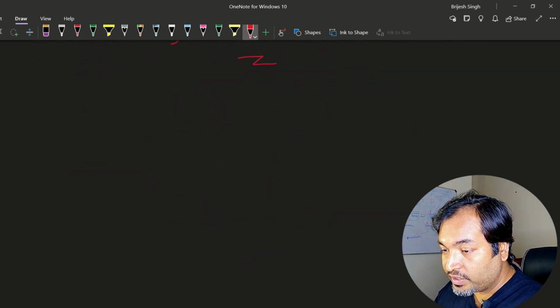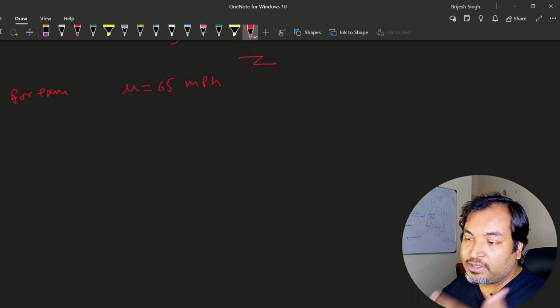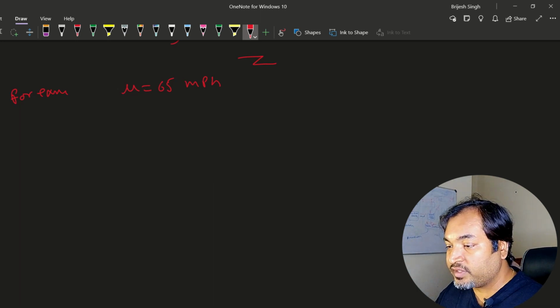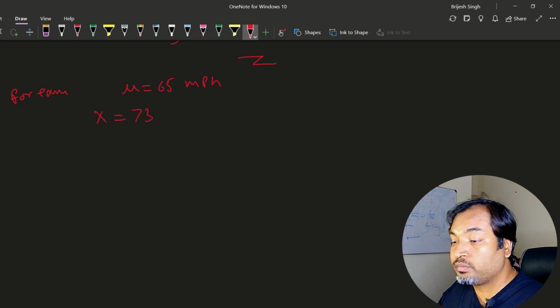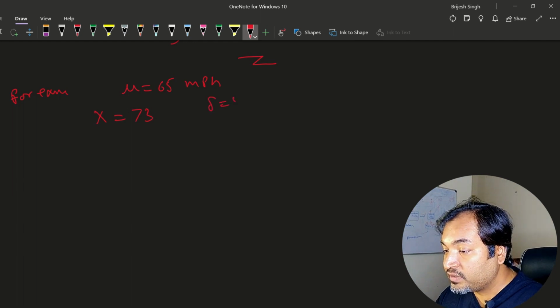You can also calculate here. So let's say, for example, you have a mu equal to 65 miles per hour, right? So there is some speed of the car. The average speed is 65 miles per hour. And the random variable x equal to 73. So you are running at 73 miles per hour, and the standard deviation is 5.